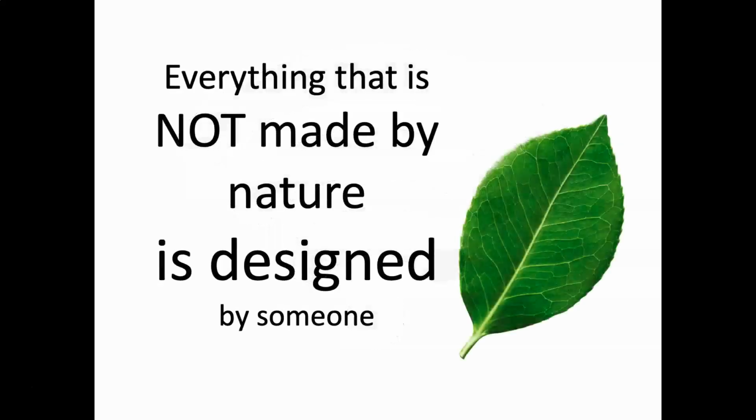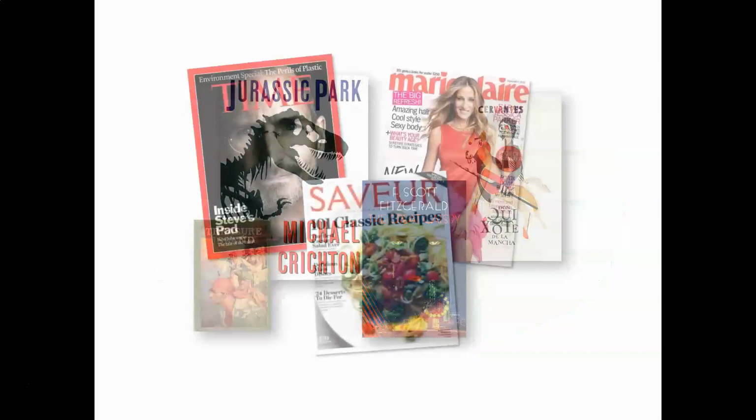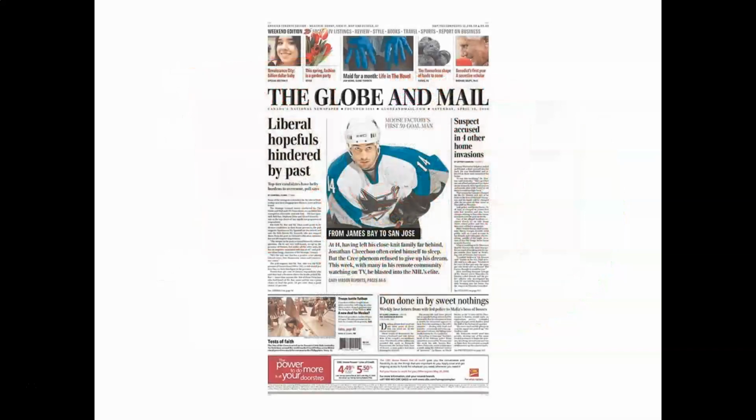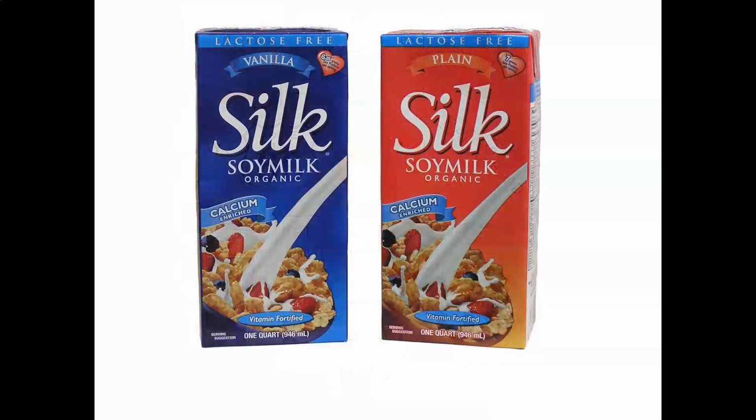So everything that is not made by nature is designed by someone. And it could be the basic things like book covers or magazines or newspapers, road signs. But think about when you go into the grocery store, department store, any product that you see on the shelf, somebody designed that.